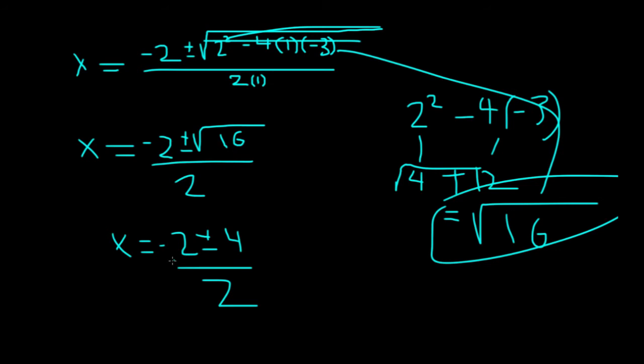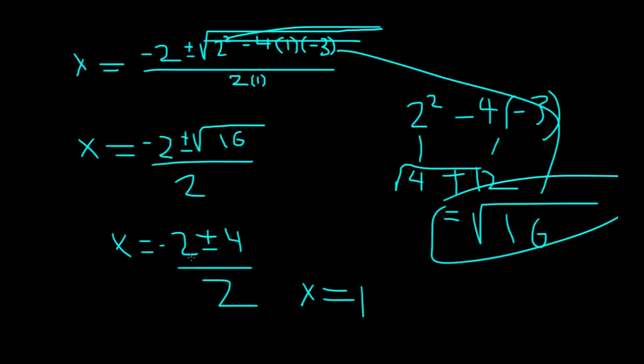So then we can do both possibilities, the minus and the plus. I'm going to do the plus first. So negative 2 plus 4 is 2. 2 divided by 2 is 1, so x would equal 1 in that situation.